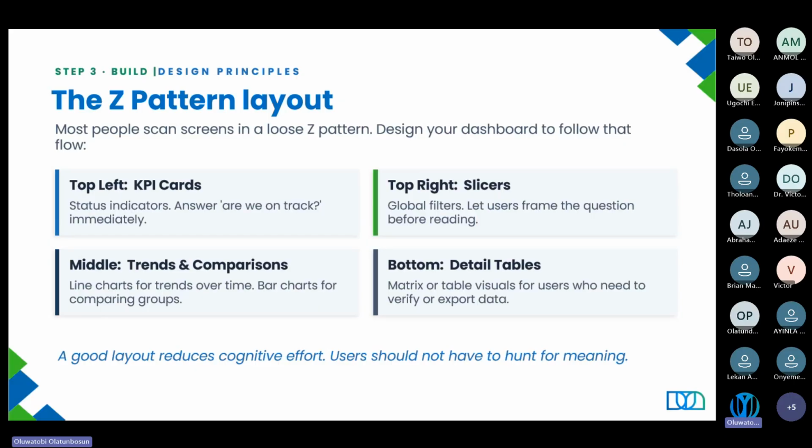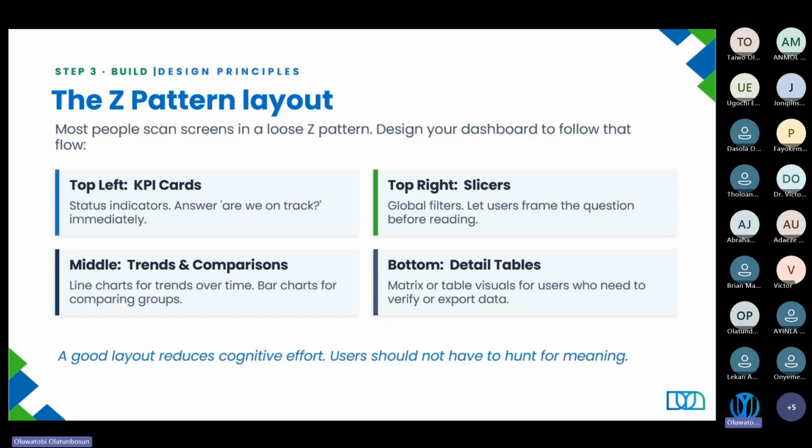Now, the Z pattern. Most people scan the screen in a loose Z pattern. Do you get? The Z pattern layout is one of the key strategies that I have used in my role, and it has really helped me build dashboards that people literally use in real time.